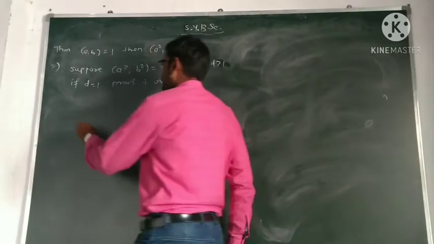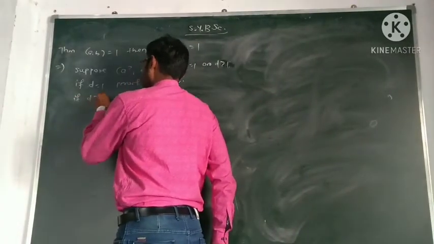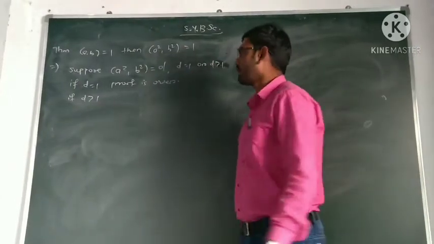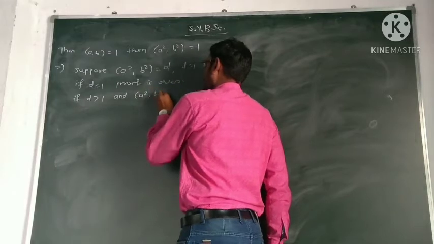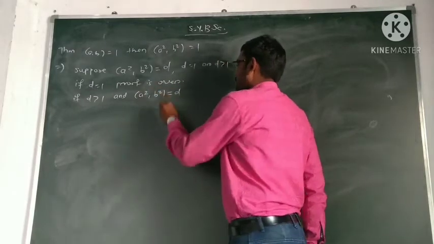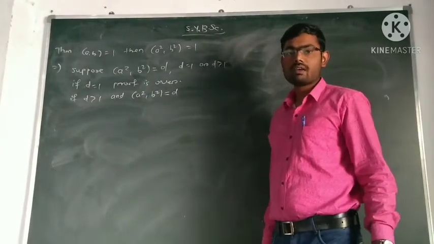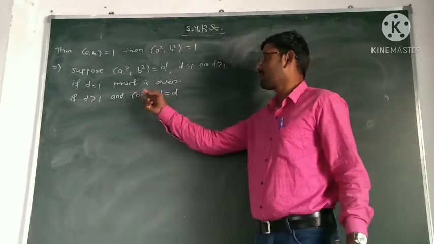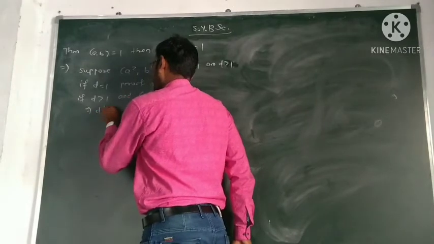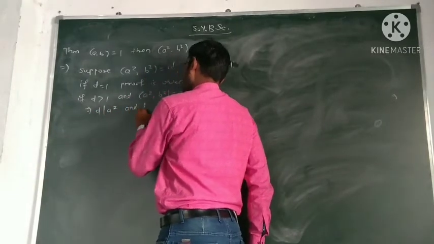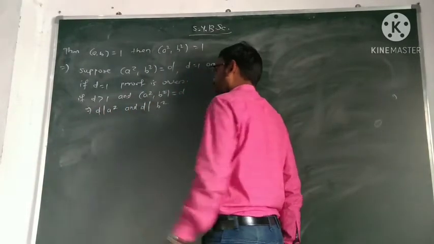If D is greater than 1 and D is the GCD of A square and B square, then since D is the greatest common divisor, D is a divisor of A square and D is a divisor of B square. This implies D divides A square and D divides B square.